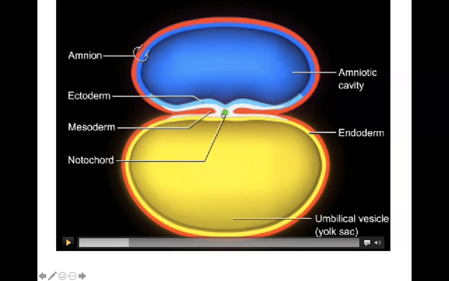This is the notochord. This is the paraxial mesoderm, intermediate mesoderm, lateral mesoderm, right? This is the amniotic cavity. And then this is the umbilical vesicle, right? And then remember, all around this is this great big balloon that they don't show in this view. I think they're going to show it in a minute, but there's this great big chorionic sac surrounding this whole thing, okay?